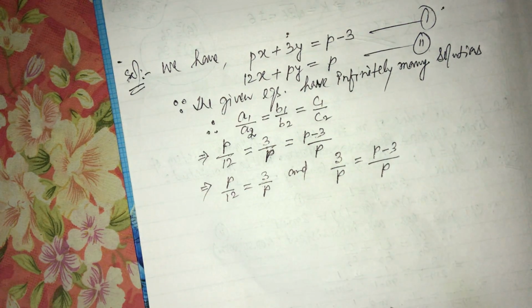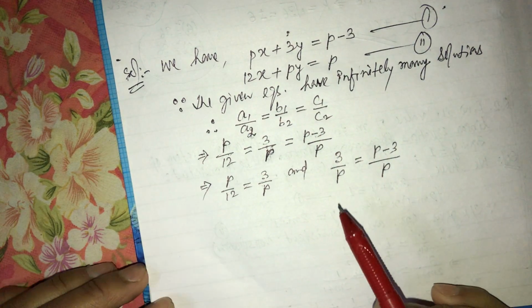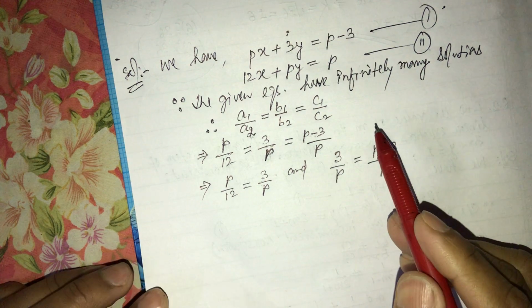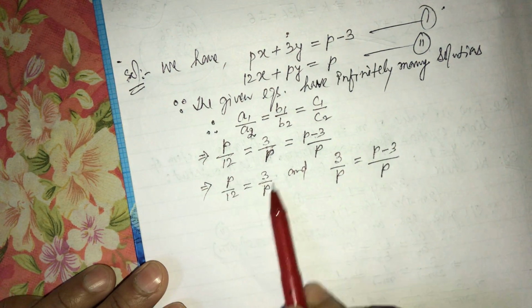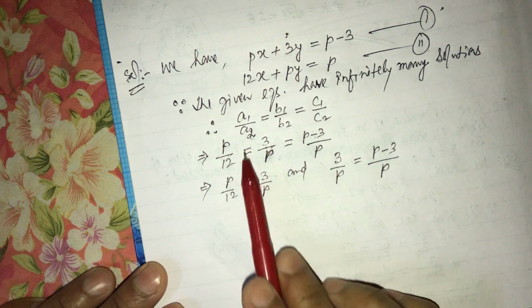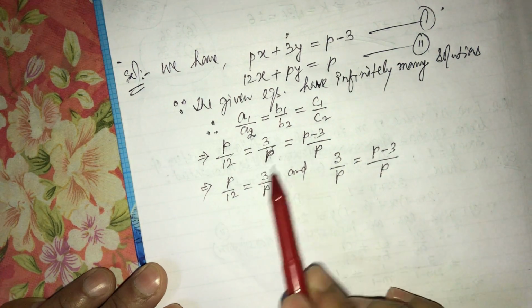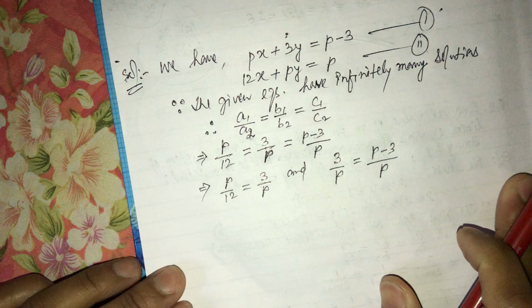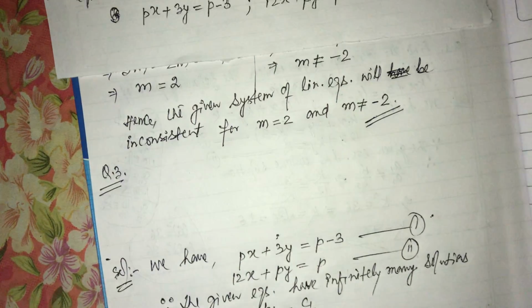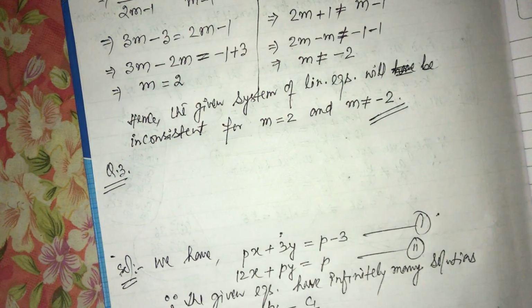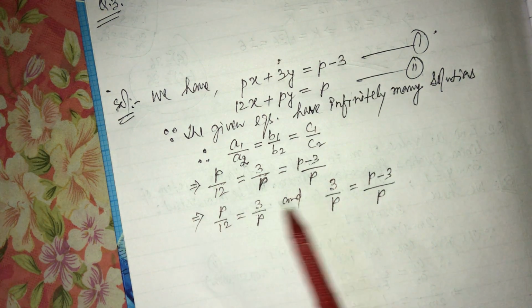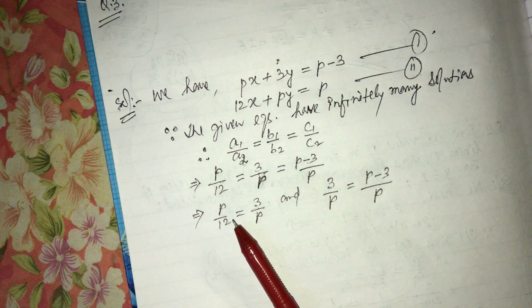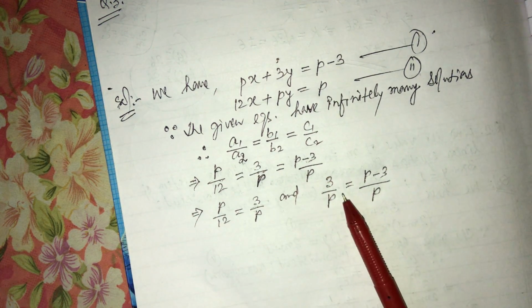Now let me tell you one thing: unlike in your previous question, where I wrote both, the first two here and the second and third there, in case of no solution we need to write both. Why? Because one was equal and the other was not equal.